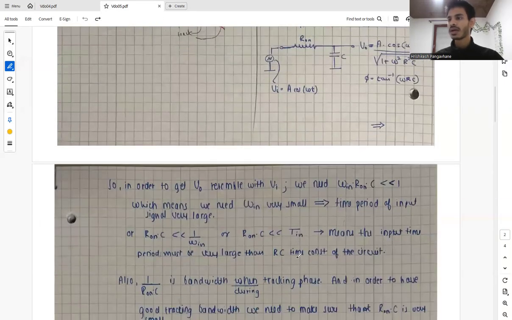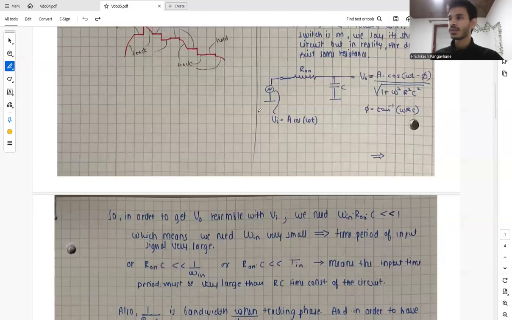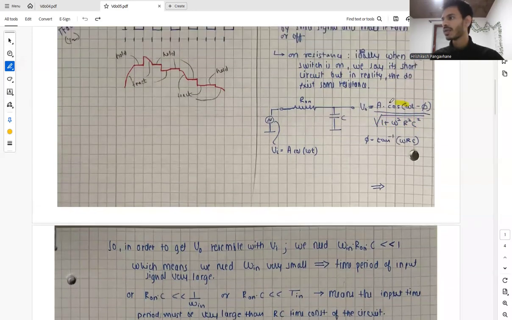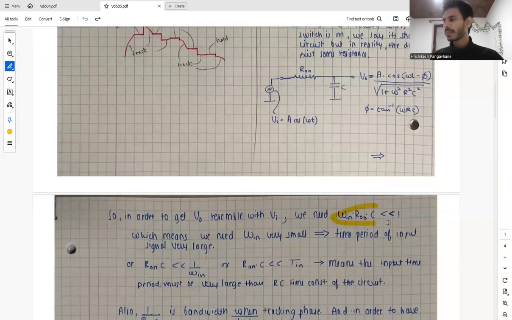So in order to get Vout to resemble Vin as much as possible, we need this entity to be very, very small compared to 1, so that the denominator is very close to 1, and the root of 1 is 1. Then our Vout will be A cos(omega t minus phi), and that's how it will resemble Vin. So we need this entity to be very, very small than 1.